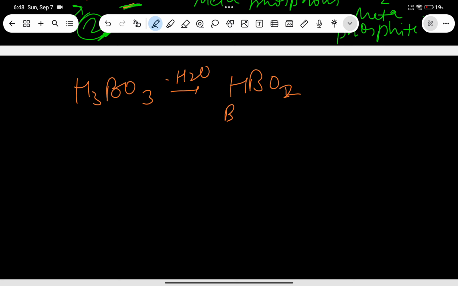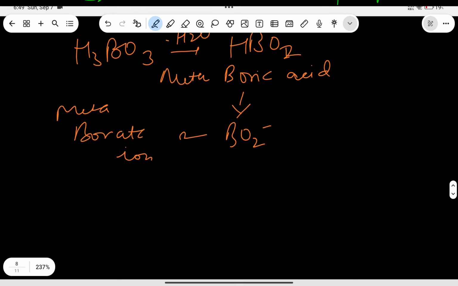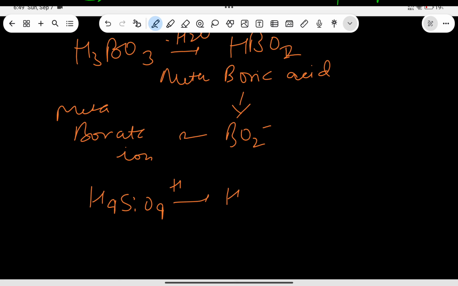And this will obviously be metaboric acid, and the anion that could be formed from this is BO2 minus, and that would be the metaborate ion.